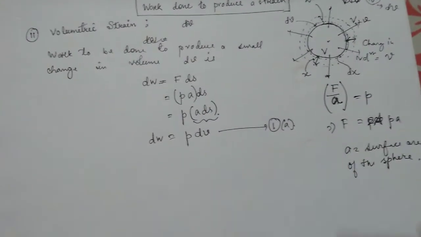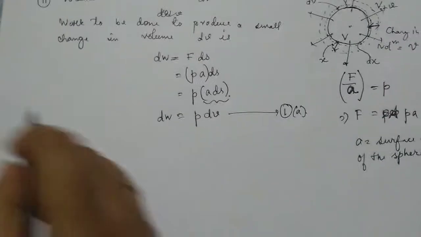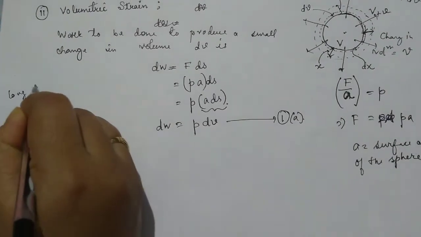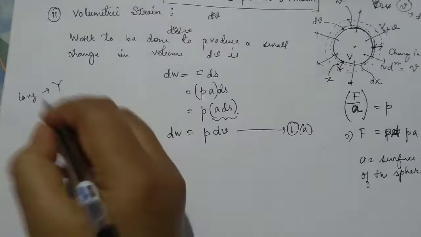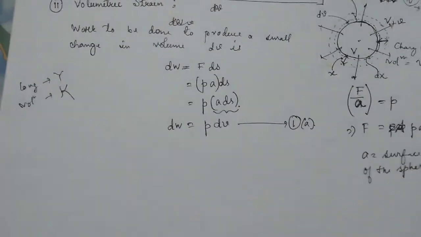You can also number them serially 1, 2, 3, and this as 4, it's up to you. Now, as I have told you, if it is longitudinal strain, connect it to Young's modulus. If it is volumetric strain, then you have to connect it to bulk modulus.